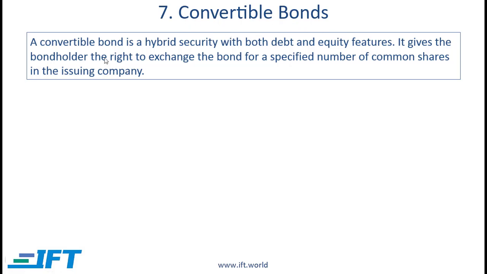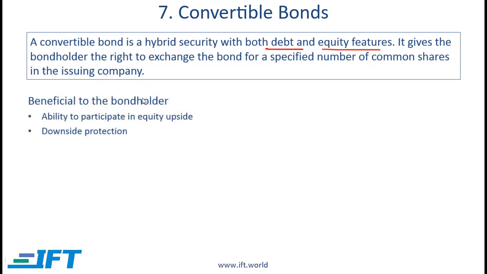Convertible bonds. A convertible bond is a hybrid security with both debt and equity features. It gives the bondholder the right to exchange the bond for a specified number of common shares in the issuing company. This is beneficial to the bondholder because it allows the bondholder to participate in the equity upside.